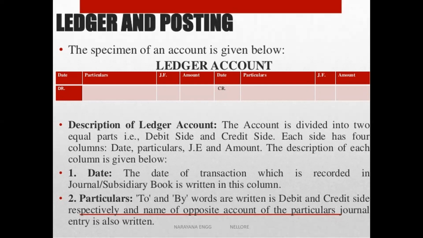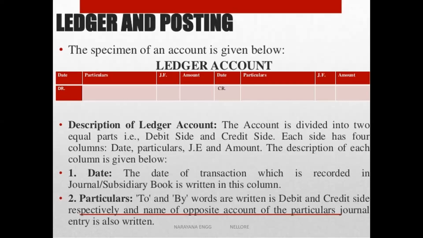And the next one is J.F., which is considered the journal folio. In the journal book also, one column we indicate is L.F. L.F. means ledger folio. As I told you, where we enter the transaction in the particulars, in which page of the ledger book we entered it, that can be indicated by the ledger folio.